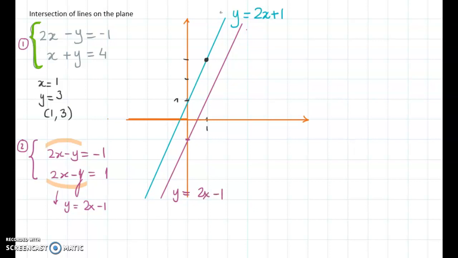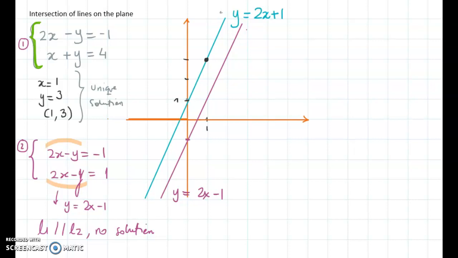Now, what are we trying to do? We are trying to find the point of intersection of those two lines, and there is no such point of intersection because the lines are parallel, so they do not intersect. So L1 is parallel to L2, no solution. This is a very different case from the first one. Remember that in the first one, what we got was a solution at the point (1, 3), and this is what we call a unique solution, because there is only one of them.